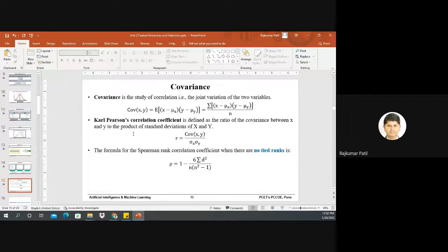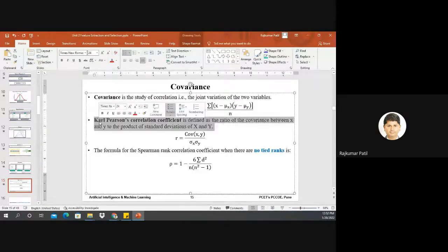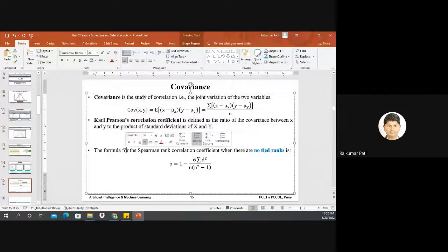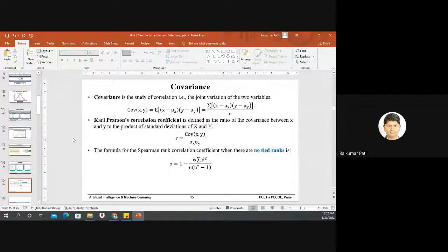And in order to quantify that value and make a proper decision, we can use either covariance, the Karl Pearson correlation coefficient, or Spearman's rank correlation coefficient. So these are some of the features that can be used to check what type of correlation is there between different parameters.